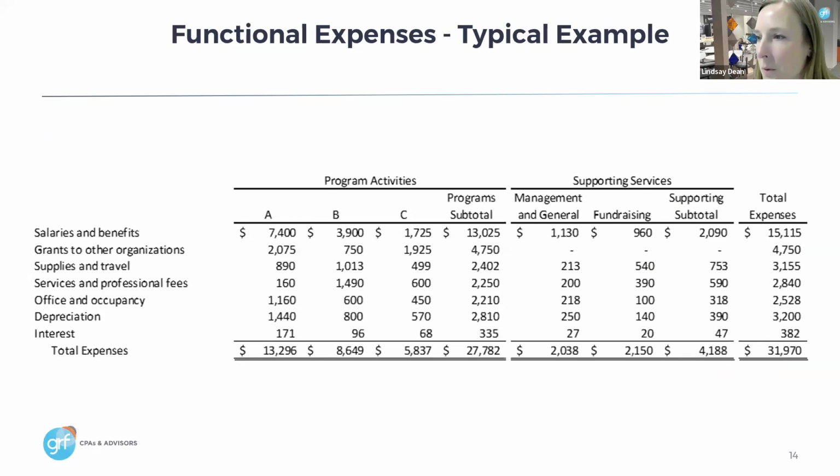This slide shows an example of a typical functional expense statement that we see. So you'll see the programs and the supporting activities up across the top. And then the natural categories on the left-hand side, where you can see the breakdown of salaries, depreciation, etc. One thing I like to point out on this presentation is that you'll see, for example, depreciation is allocated all across the depreciation line.